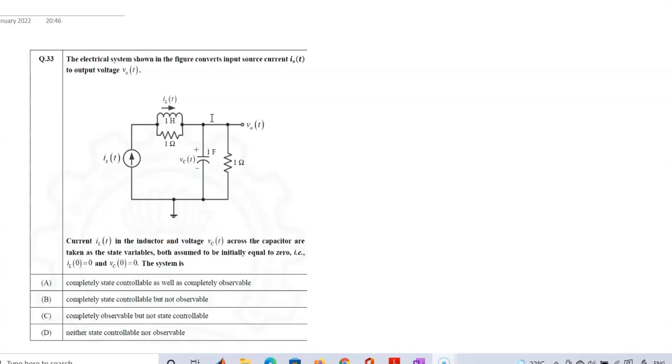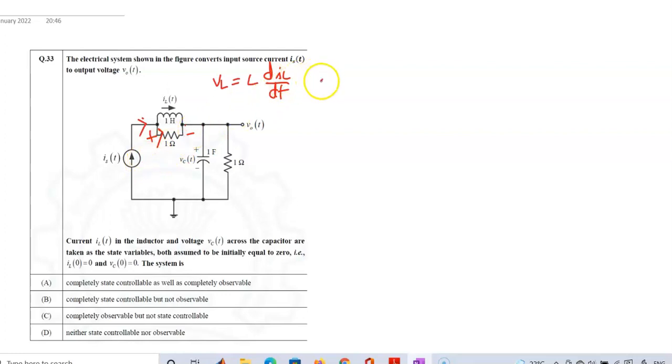By writing KCL and KVL. For this case, you can see that IS is equal to IL(t) plus the current through the 1 ohm. What is the current through the 1 ohm? First, what is the voltage across this 1 ohm? This voltage, or you can say VL, is equal to L dIL upon dt.